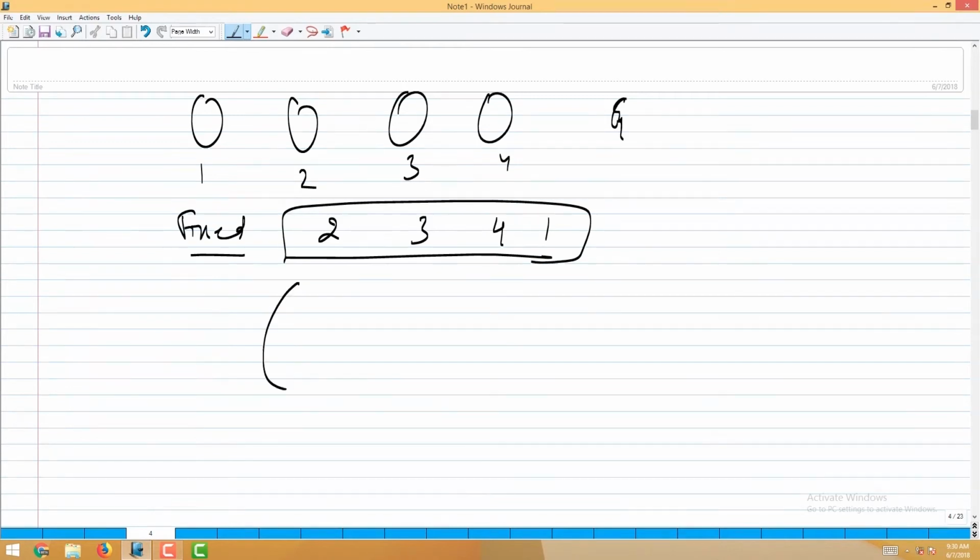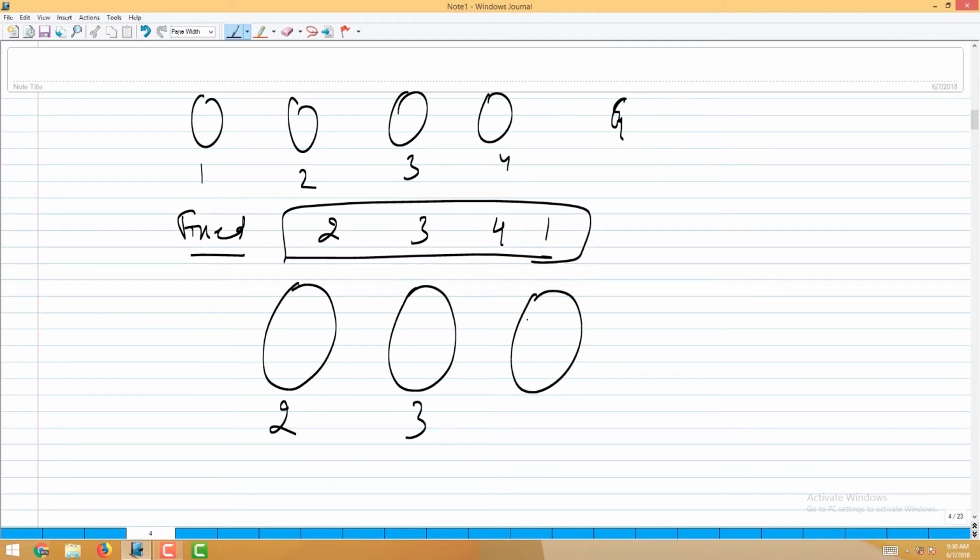So let us look at all the vertices which got color 2 in the graph, the vertices that got color 3, the vertices that got color 4, and all the vertices that got color 1 in G. So we're looking for a path that starts from a vertex here, goes to a vertex here, then to a vertex here, and then to a vertex here. Can you find such a path in this graph now?